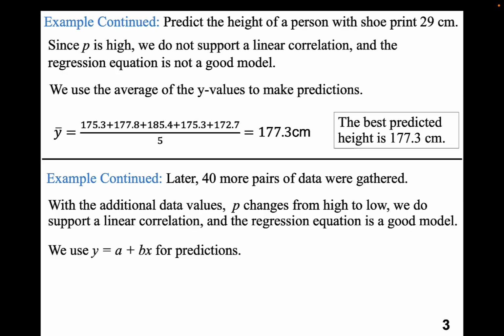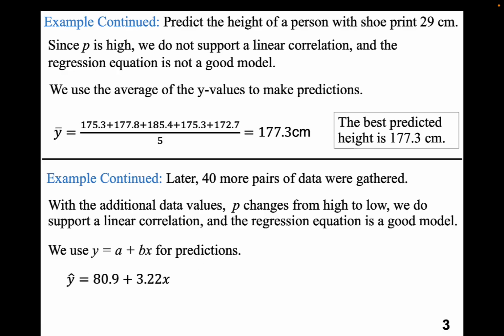We say no linear correlation. But if it changes from high to now it's low, we say that there is evidence to support linear correlation. And that means that the regression equation, the equation of the best fit line, is what we call a good model. And we use good models to make predictions. So we would use y equals a plus bx for our prediction.